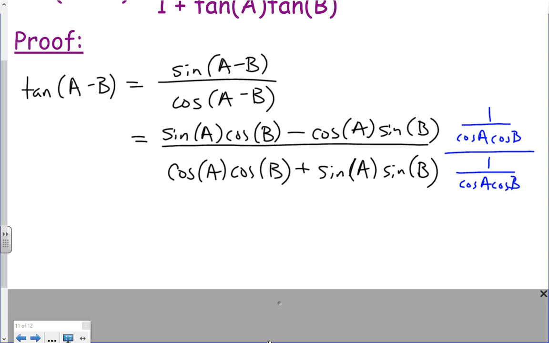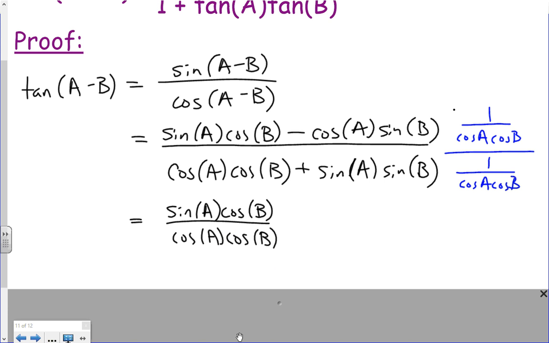So I take this guy right here, and I'm going to multiply him by this guy here. In fact, I'm going to write it in that quotient form to start off with. So I'm going to write it as the sine of A cosine of B. That is what I already have there in the numerator. And I'm going to divide it by this clever form of 1, or the numerator of that. So when I multiply that, I end up dividing by just the cosine of A cosine of B. All right, so I've distributed this guy here to that first term.